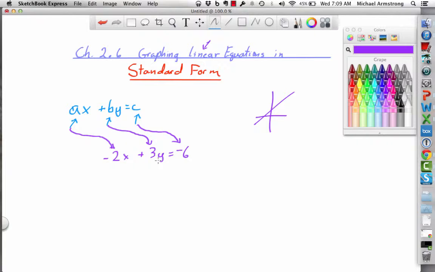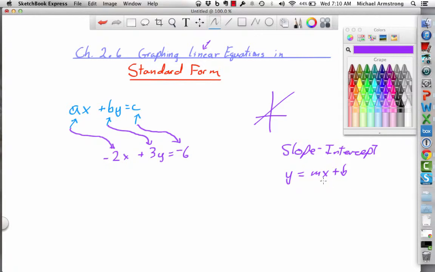Okay, so to graph it, we basically just have to put it in slope-intercept form. And that's what you've been using, so you should be okay with that, but we just have to maneuver this equation around until it's in that form. And remember, the slope-intercept form is, I always just say y equals mx plus b.